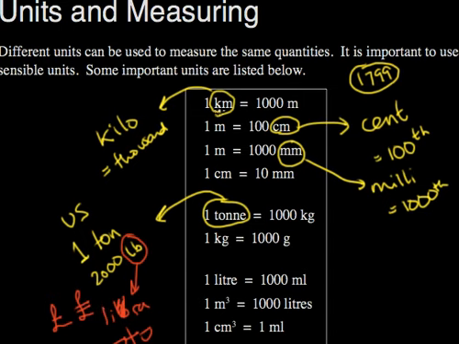With the same that you've got in kilometers to meters, you've got kilograms to grams, and that means, again, 1 kilogram is equal to 1,000 grams. And the milli here, again, you've got 1,000 milliliters in 1 litre.